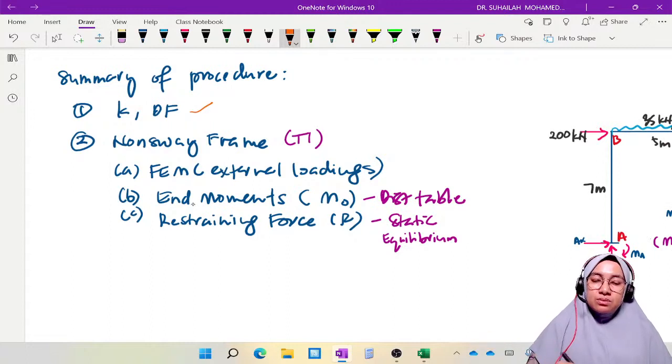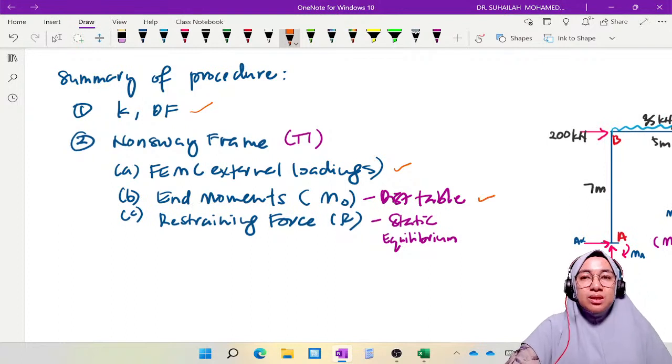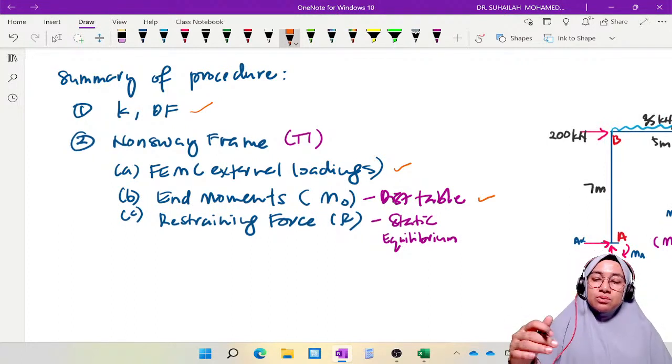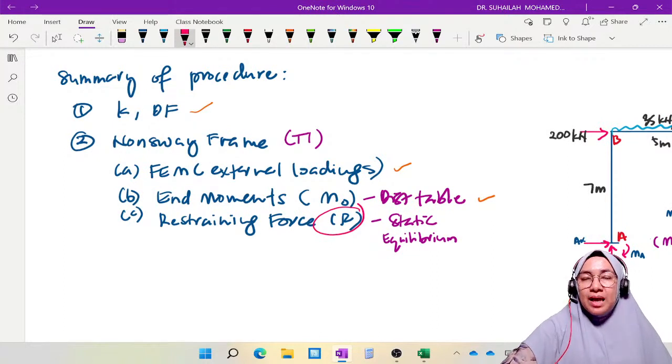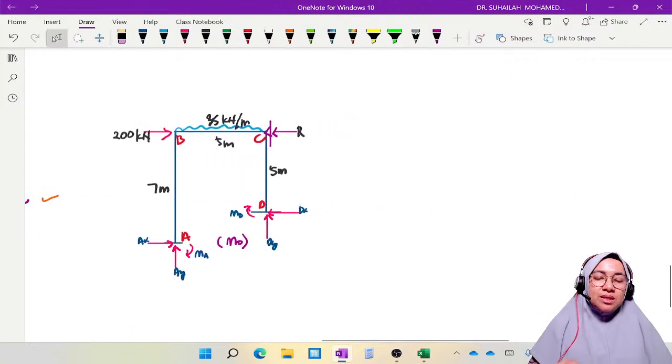Then we have done the distribution table. So using M naught, we have to calculate R. This R will be calculated using static equilibrium by referring to this diagram.